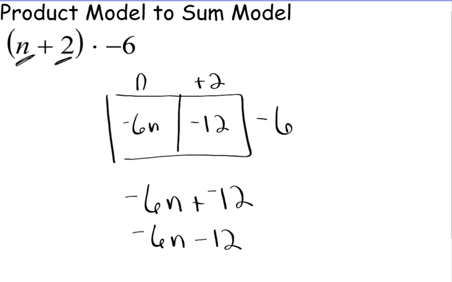You're going to ask, what happens, Mrs. Peters, if I have more terms inside my parentheses than just two boxes? Let's look at one. Say I have 4 times (2x squared plus 3x minus 5).